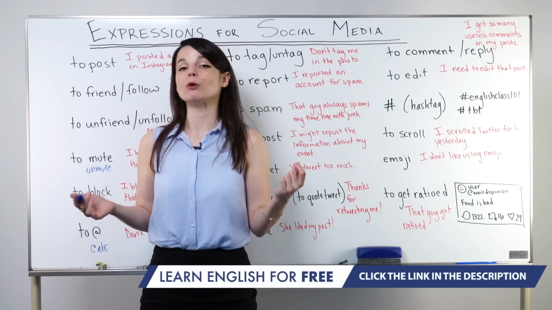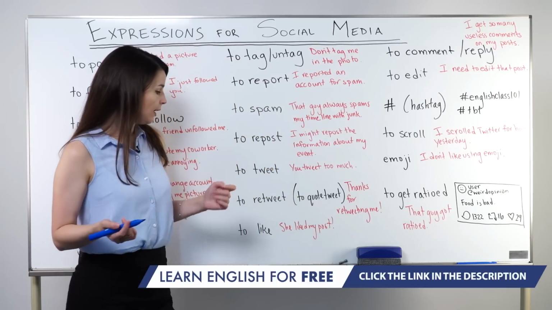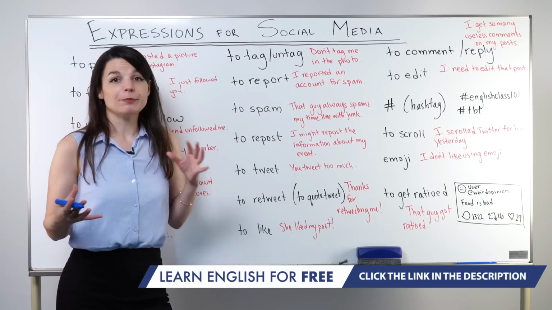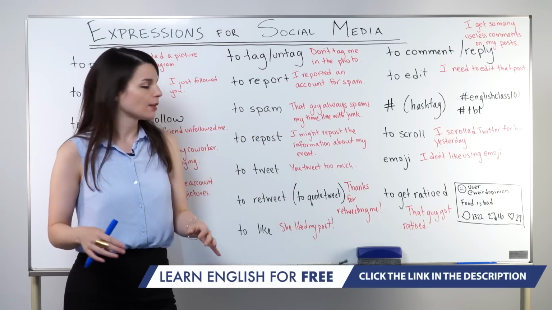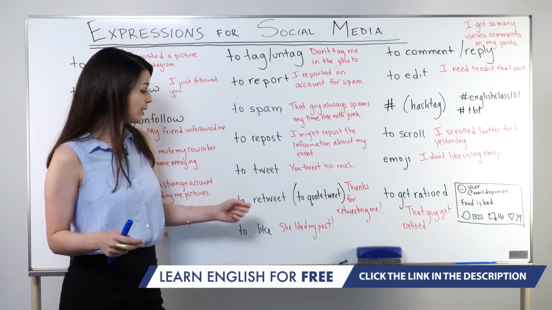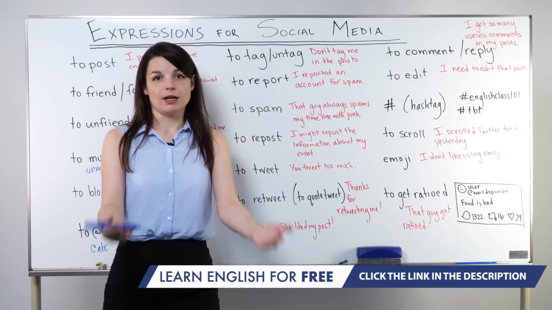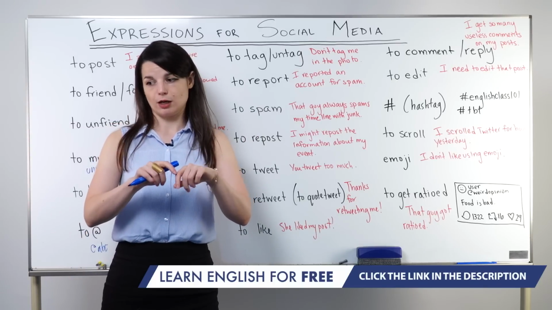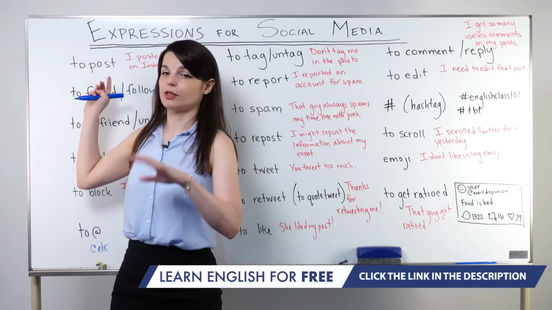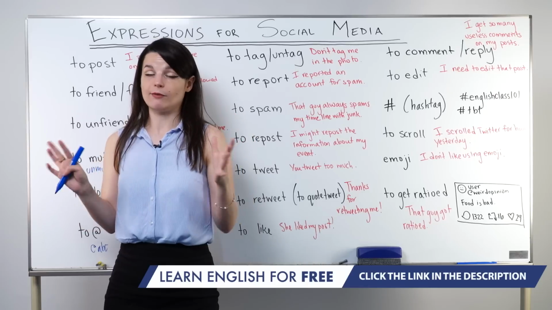Okay, the next two verbs are specifically for Twitter. They are to tweet and to retweet. To tweet means to share an update on Twitter, to write something on Twitter, or to include in your post a picture or a link, whatever.